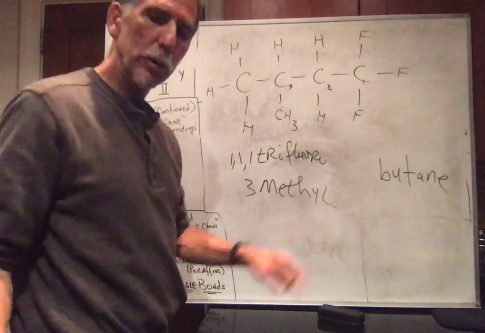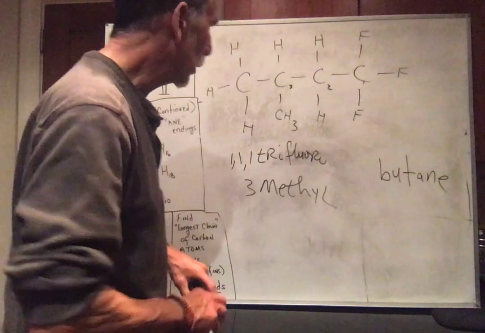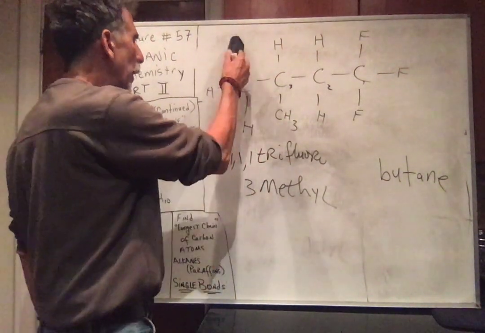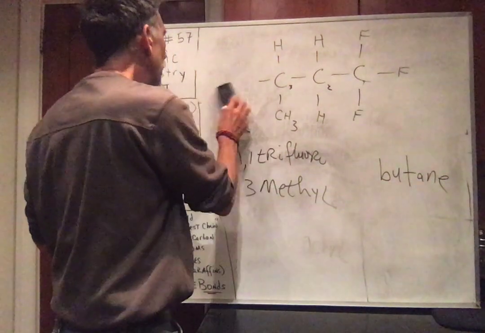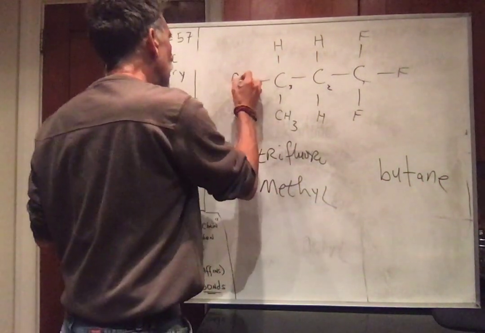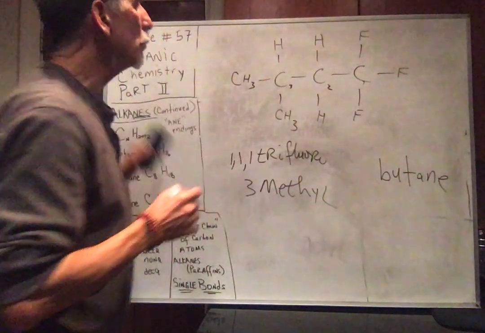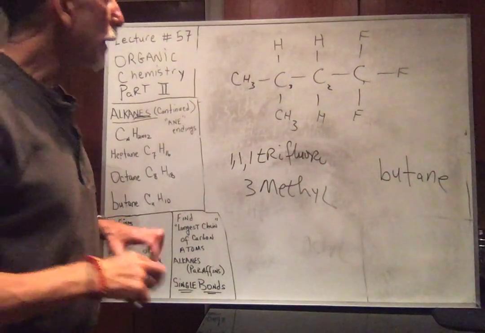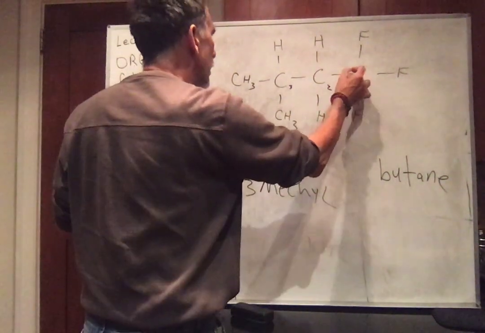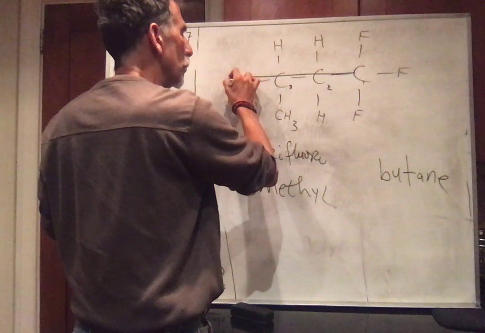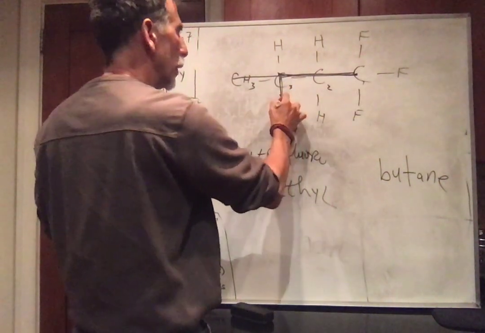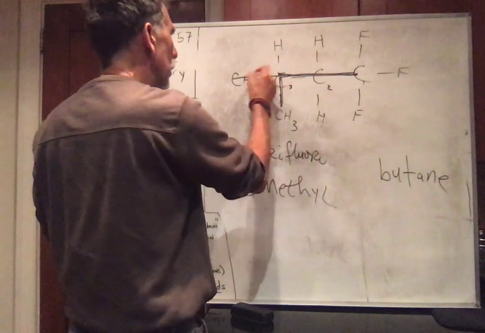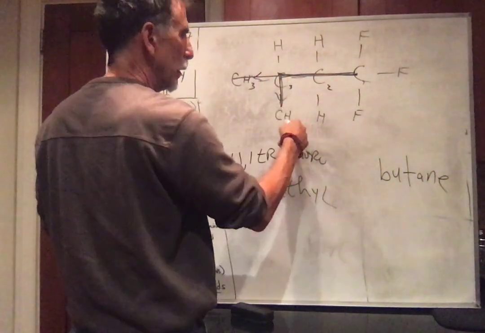Okay? I want you to notice this. Does everybody see there's a C here, H, H, H? So this is really a CH3 also. Now, I counted this as my longest chain. I could have counted this as my longest chain, going to this carbon. But it's exactly the same.